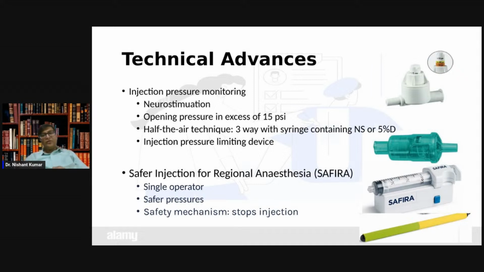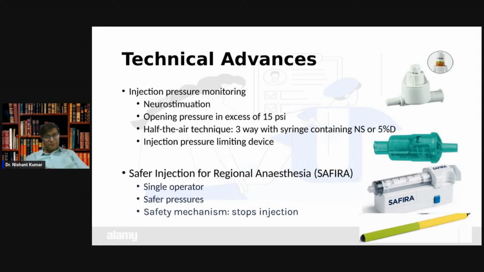When we are doing neurostimulation, it is said that an opening pressure in excess of 15 psi, if you have to apply too much pressure, you'll cause nerve injury. So we can use a half air technique with a three-way syringe, and we can attach these valves. Now this will give you the exact pressure at which you are injecting. This one is a pressure limiting device which won't let you inject the drug if the pressure is beyond 20 psi.